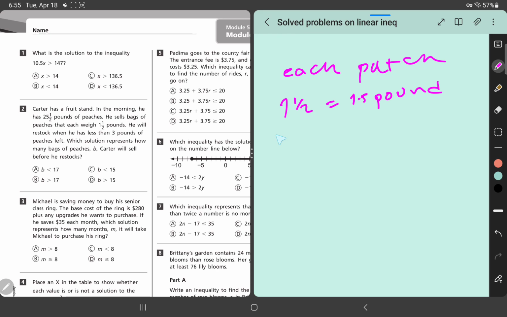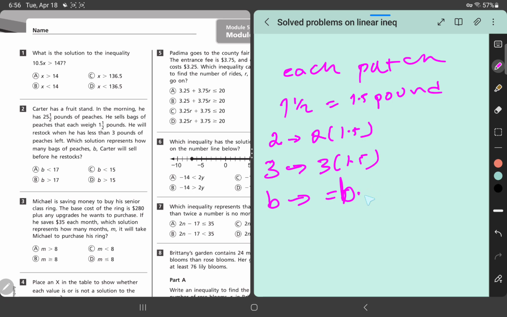If you have two peaches, it's going to be 2 times 1.5 pounds. If you have 3 peaches, it's going to be 3 times 1.5. So if you have b number of peaches, you're going to have b times 1.5, the same as 1.5b.